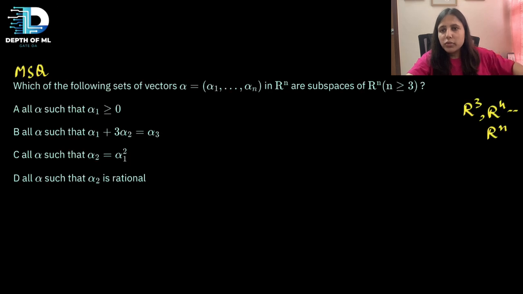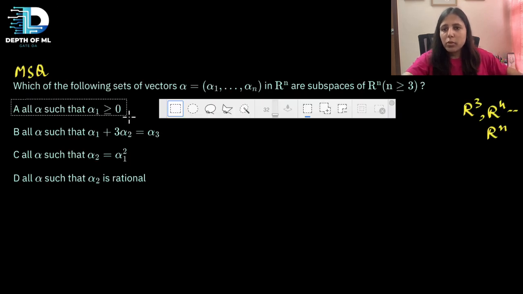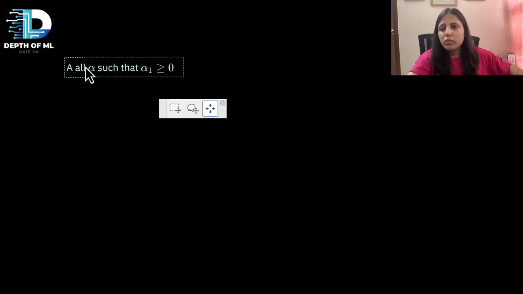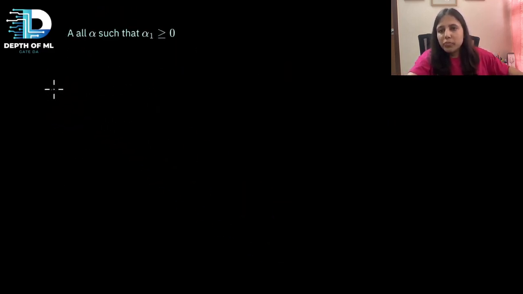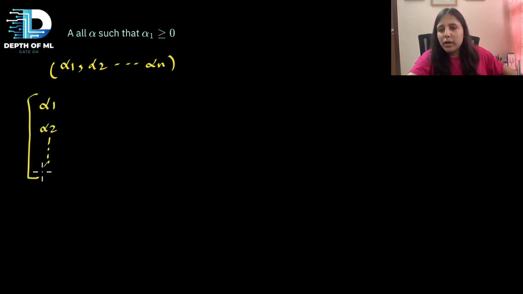Let me start with the first option, that is option A. So we have vectors like this. Let's say this is alpha 1, alpha 2 up to alpha n. So this is my vector. And if you are more used to seeing the vectors like this, you can write it as alpha 1 up to alpha n.